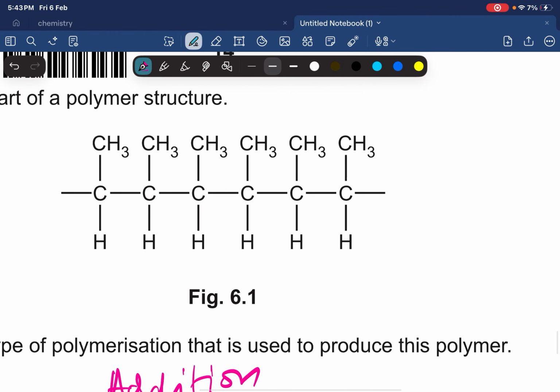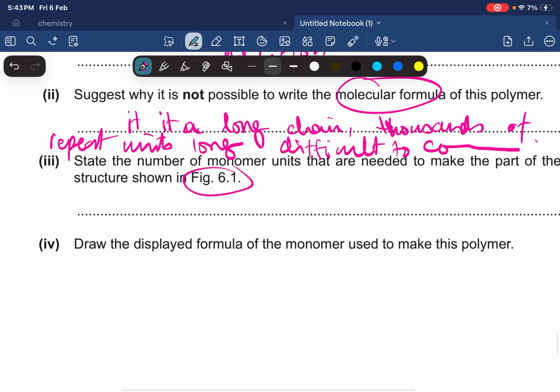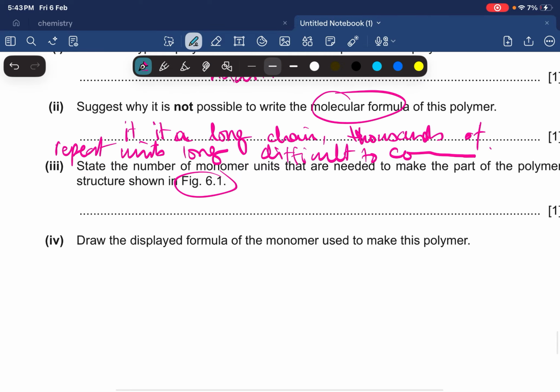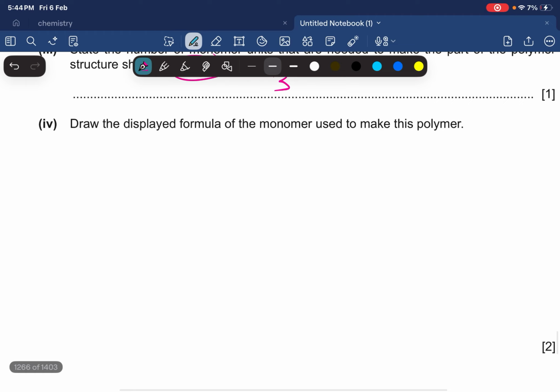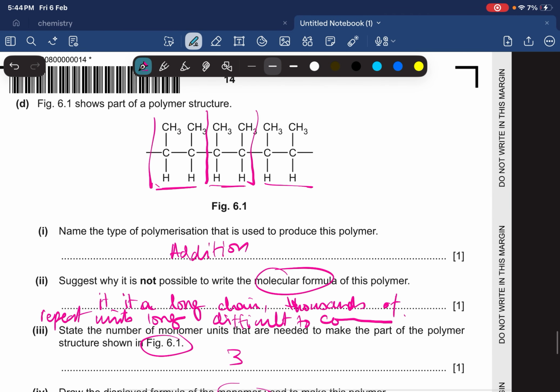State the number of monomer units that are needed to make the polymer structure shown in figure 6.1. So 1 repeat unit, 2 repeat units, and 3 repeat units, right? 1, 2, and 3. So I guess 3. Draw the displayed formula of the monomer used to make this polymer. First we draw a repeat unit. How does a repeat unit look?